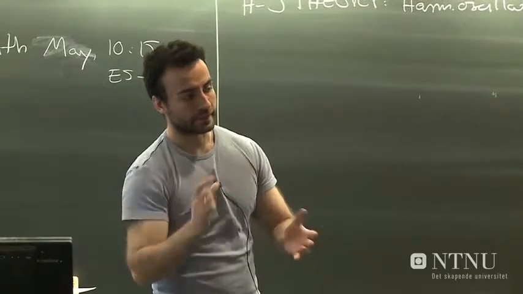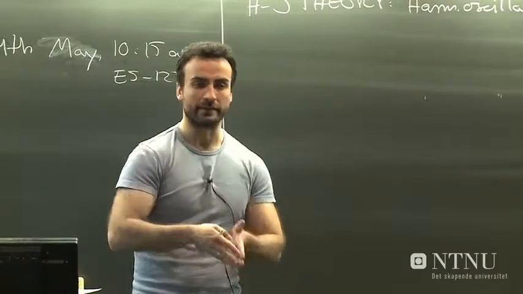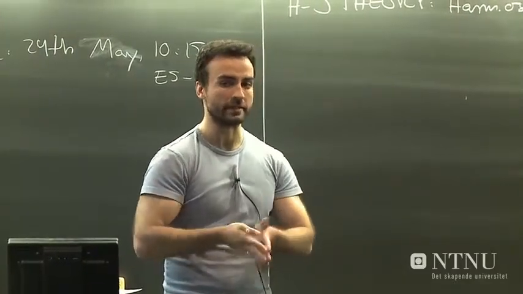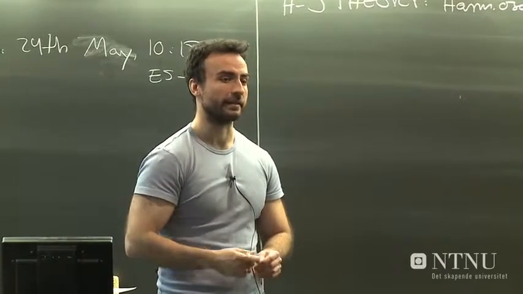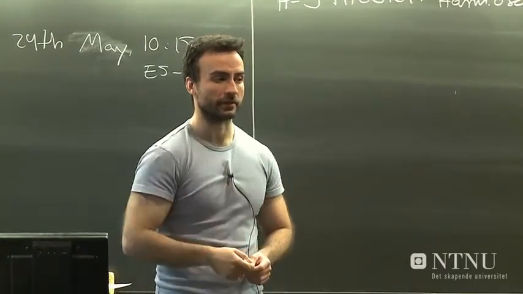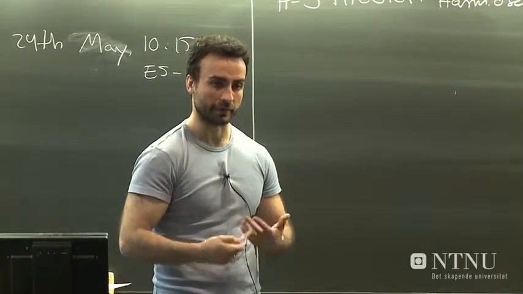Because if we obtain a Hamiltonian in these new canonical coordinates which is 0, then we are guaranteed that these new canonical coordinates will be conserved, because their time derivatives will be 0.